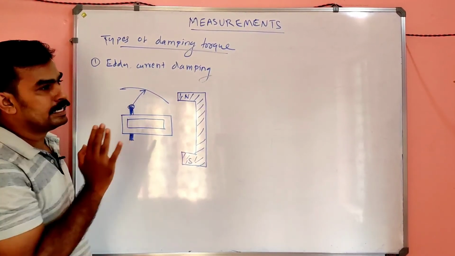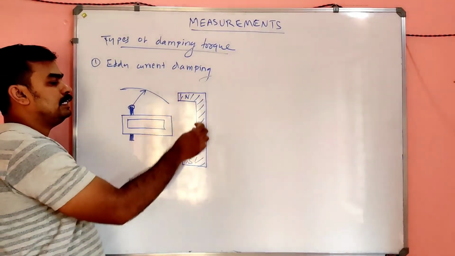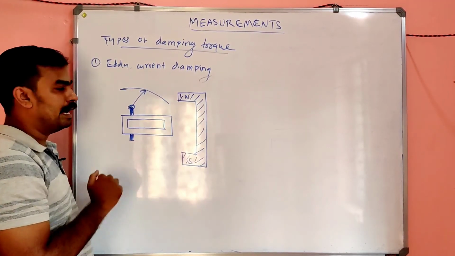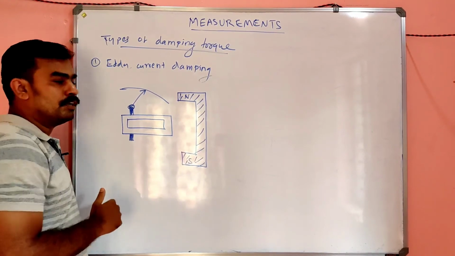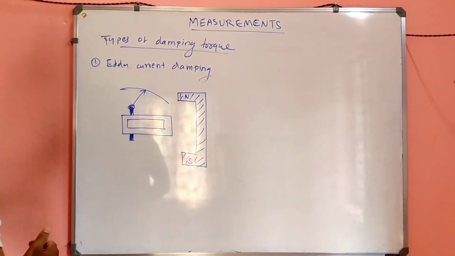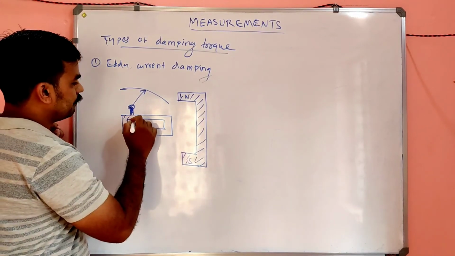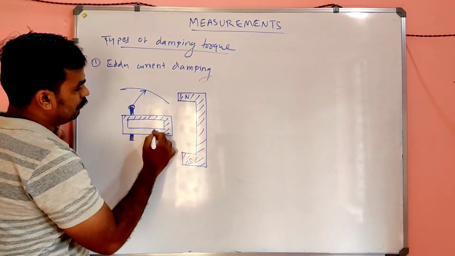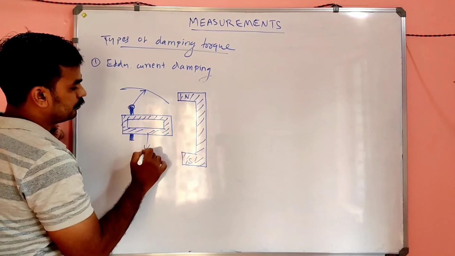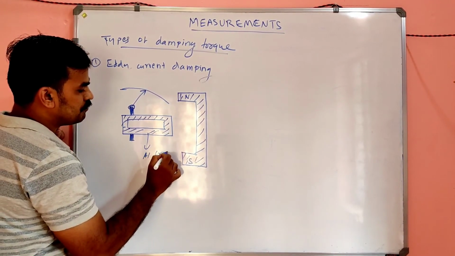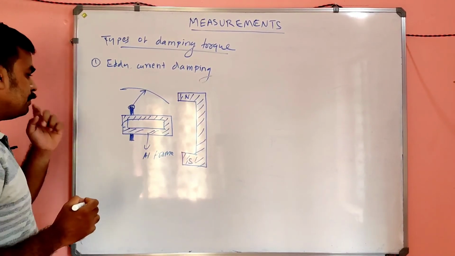So first of all, this will be under the field of this permanent magnet. Suppose this is the aluminium frame. Aluminium frame. Okay.